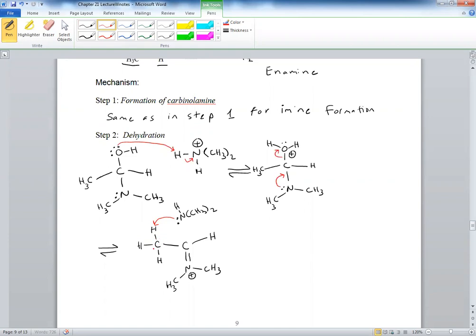And then a series of steps happens here. These electrons fall down to form a double bond. And then finally, the pi electrons in the double bond go back on nitrogen.